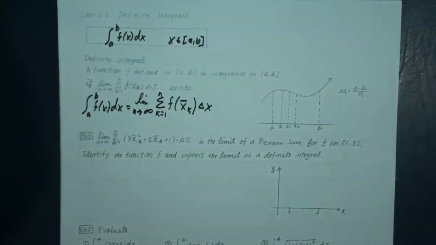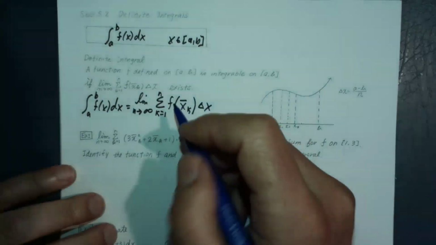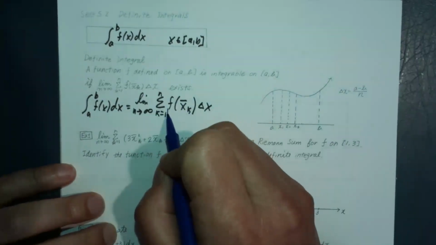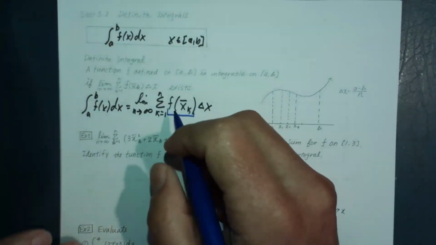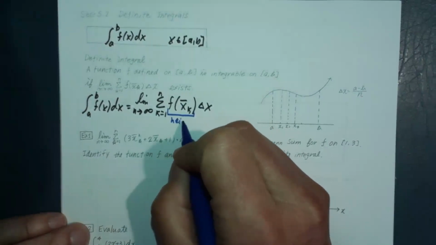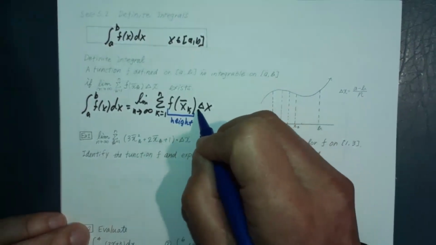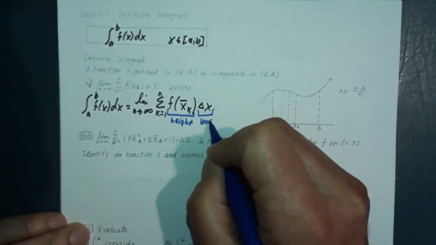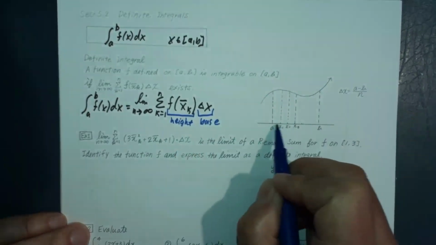All right, and once again, we're dealing with rectangles, and so this is our height, pardon me. And this is our base. That's down here, delta x.